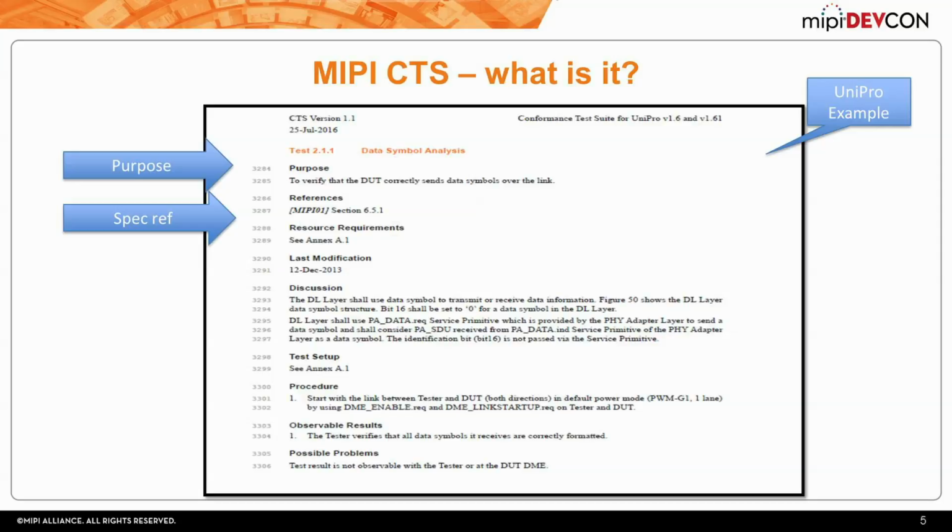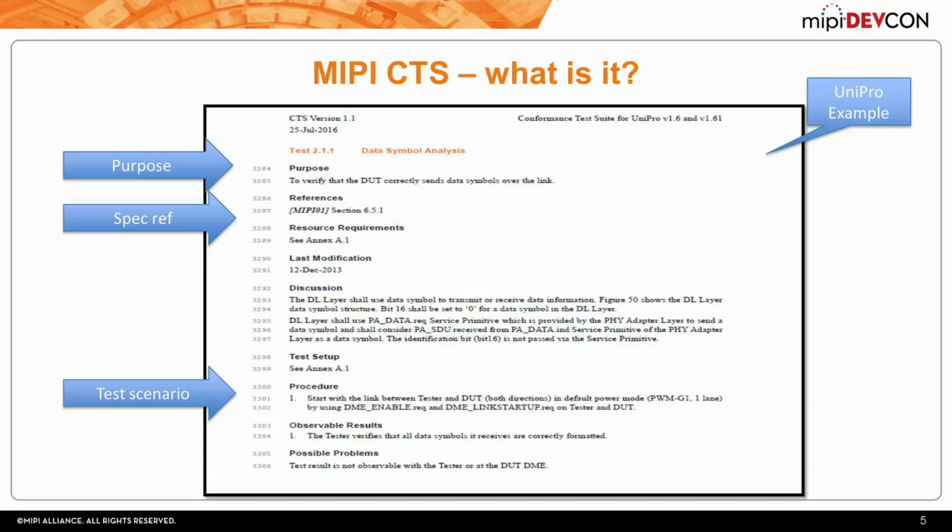A test setup: how do we want to connect the test device, which cables are used, SMA or any other, like was discussed before, how the test bench should be constructed, and then the test procedure. I took a very short test so it will fit the slide, but usually each test has around 10 different steps. There are tests which have more than 50 steps.